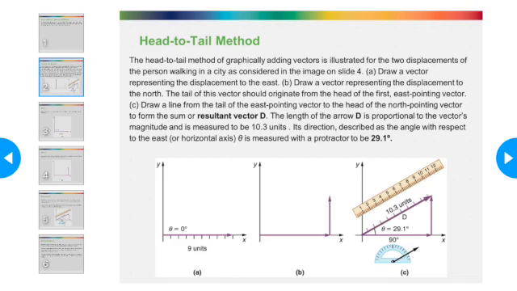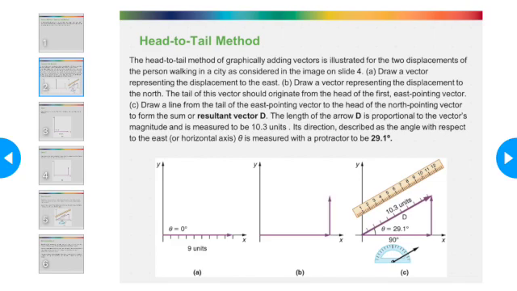You can see in picture A there, they do draw a 9-unit vector, and then they go from there. From the head of the first vector, you start to draw the tail of the second one. So head to tail, that's why it's called that, right? We don't get super creative with our naming systems in physics. But then you would draw that other vector after that, which in our case is 5 units north.